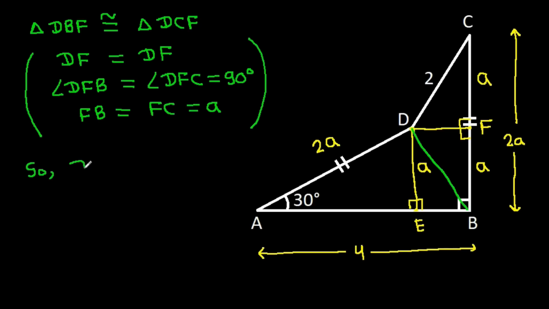So DB will be equal to DC, and DC is 2, so DB will also be 2.